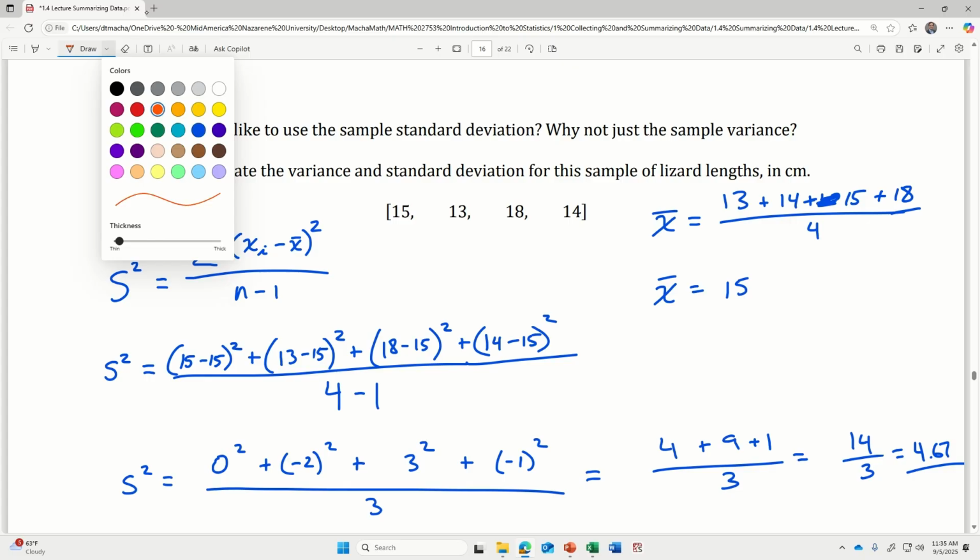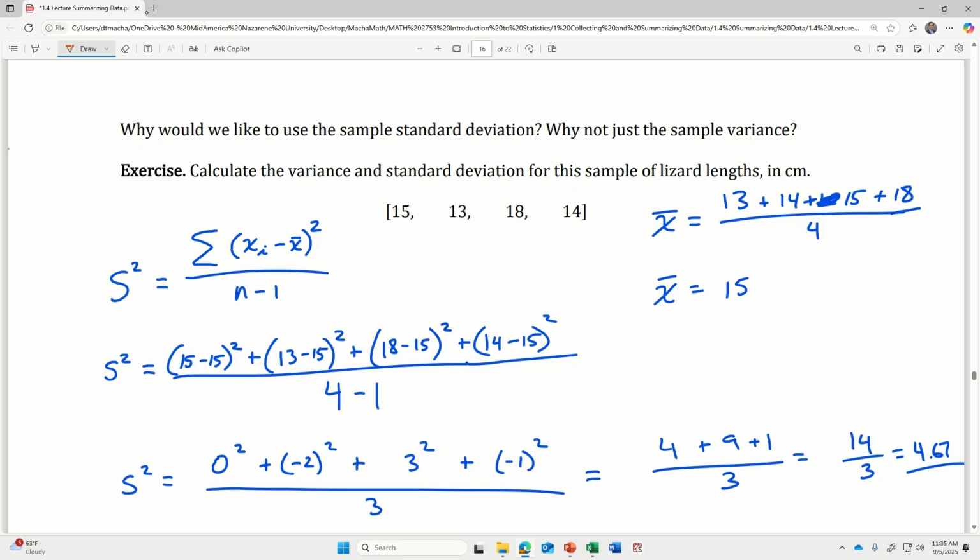What I want to point out to you is this. These are all measurements in centimeters. This is 15 centimeters, 13 centimeters, 18 centimeters, 14 centimeters. So whenever I use this formula, the deviations are in centimeters. That's like 15 minus 15 centimeters. The mean is 15 centimeters, right?